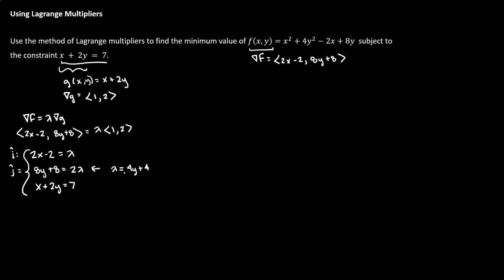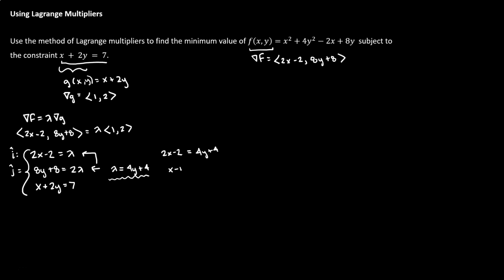And then we can substitute that lambda into the first equation. So that would look like 2x minus 2 equals this version of lambda, 4y plus 4. Every term in this equation has a factor of 2 in it, so let's start off by dividing by 2.